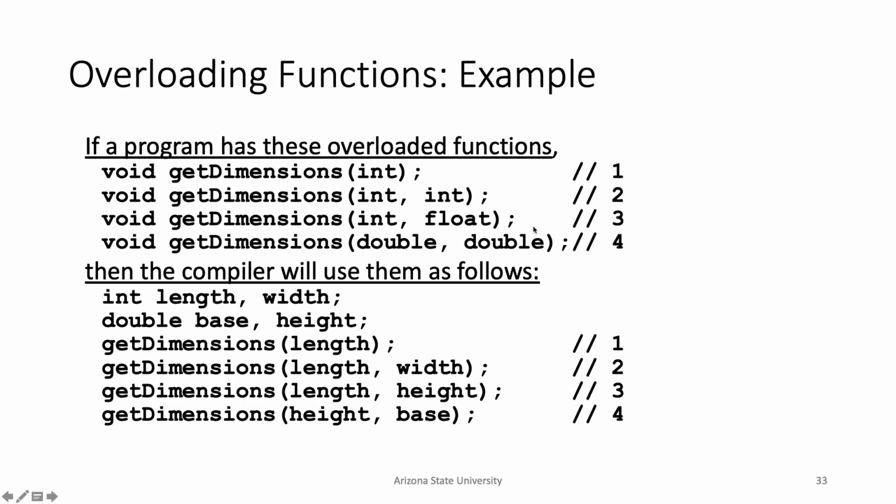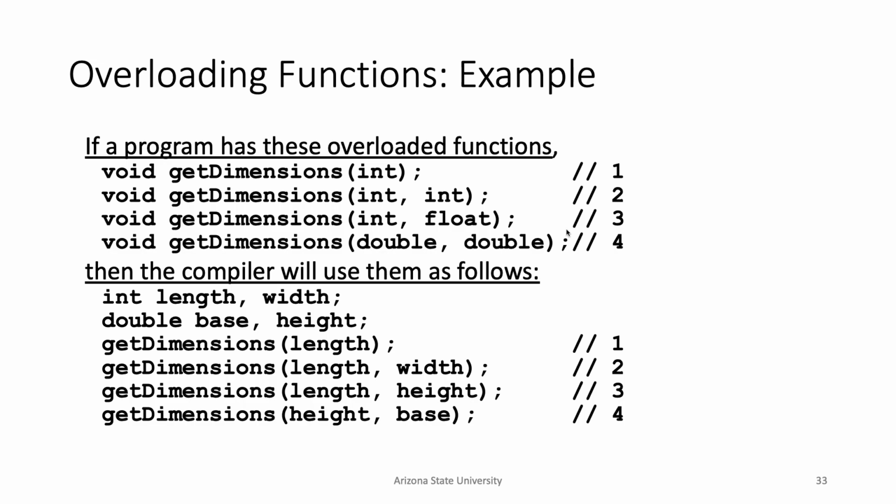The second and the third are different because the types are not all the same. The first argument type is int in both cases, but the second one is different: the first one is int, the second one is float. So now, if you have an int in the first position and an int in the second position, it knows for sure to call the second function and not the third.